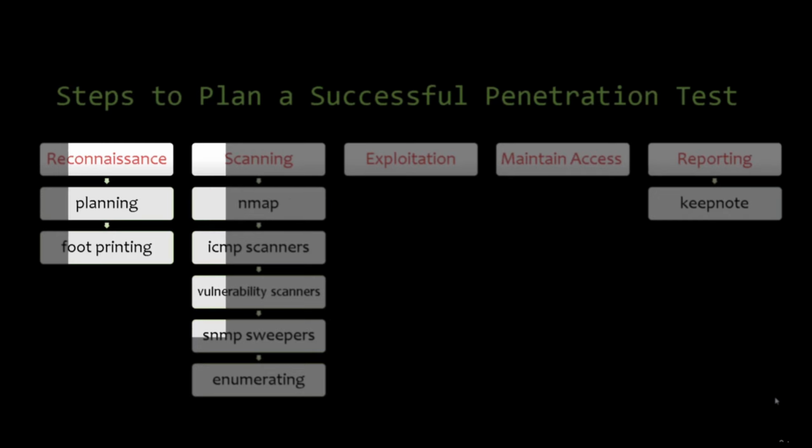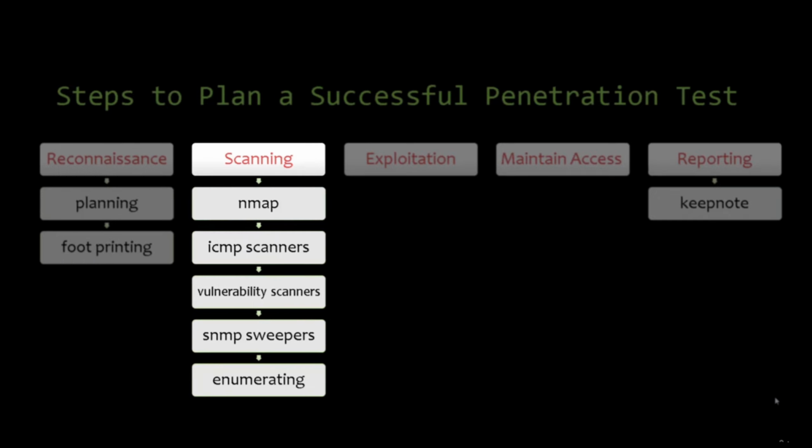The second phase is scanning, and here our goal is to discover the open ports, the available access points, the operating systems that are used, and to uncover the services running on these ports.